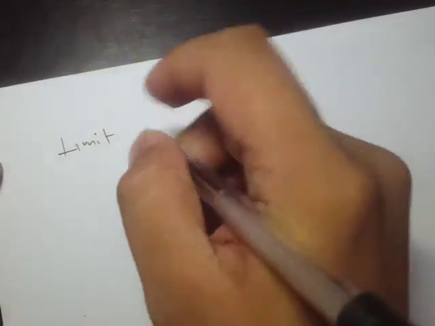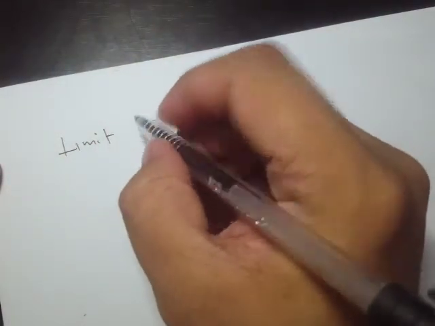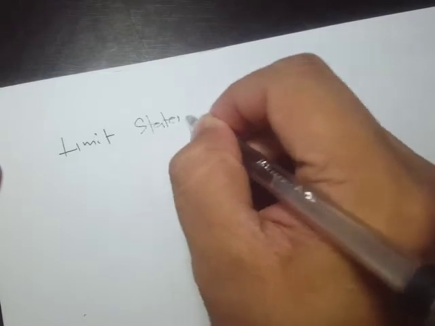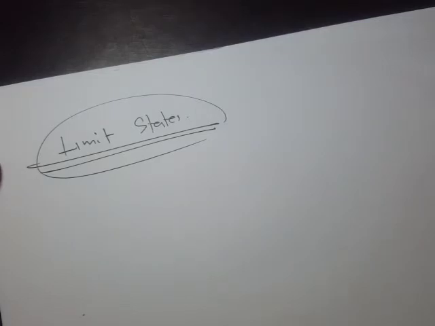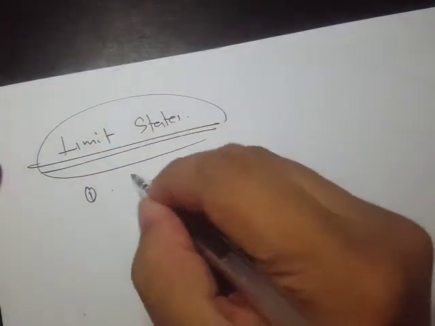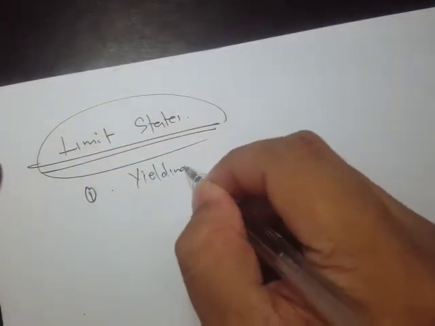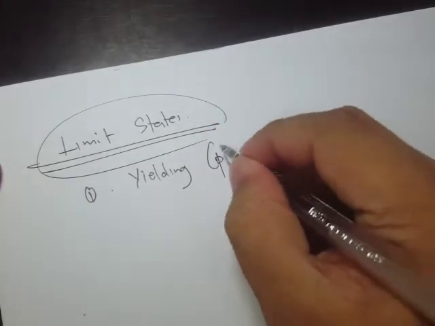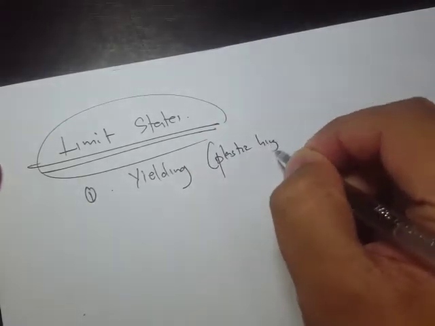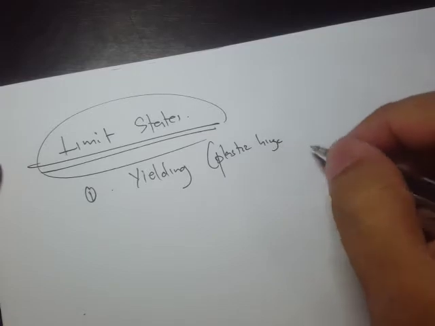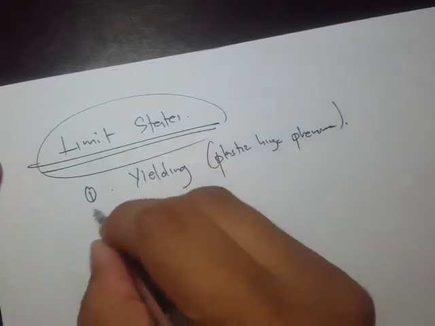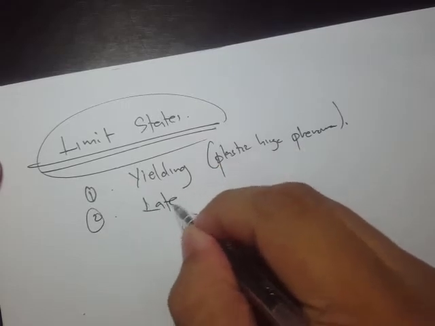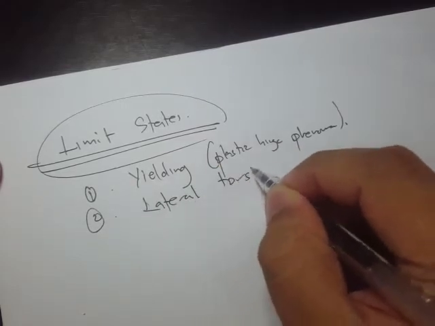Okay, so first we'll start off with these limit states for flexural member. Okay, so meaning how can a flexural member fail? Number one, it can fail by yielding. Okay, and that's going to be the plastic hinge phenomenon. Another one, it can fail by the lateral torsional buckling.